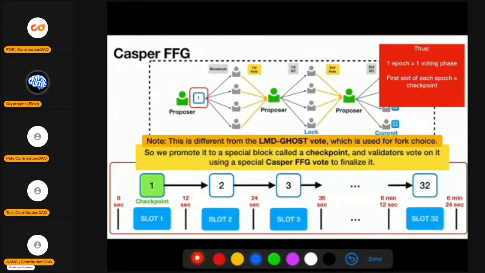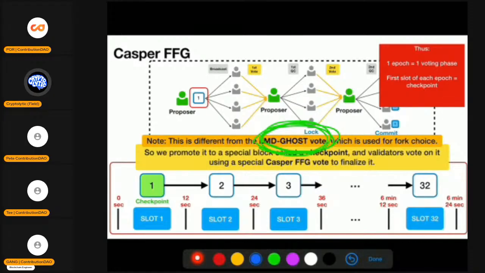I have to mention that it's different from what is called the LMD GHOST vote that we mentioned in the previous section. The LMD GHOST vote is just a vote to assign weight to the fork, so that validators can choose the correct fork. That is the purpose of LMD GHOST.